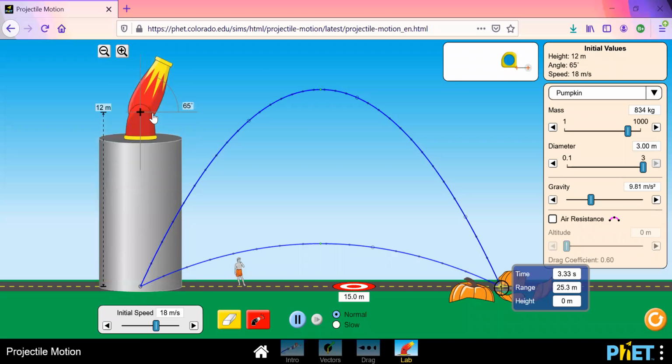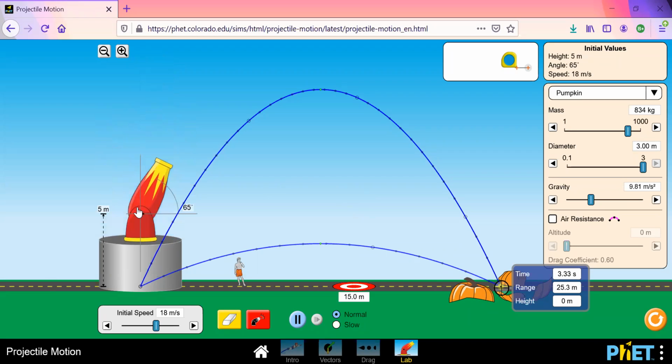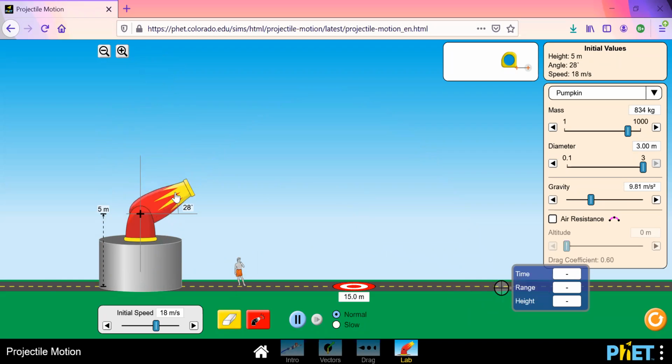So this is going to be our angular projectile motion project in terms of the vertical height. Let me just do an example at, say, 5 meters, and say 26, an arbitrary angle. What we're going to do is take this original height.